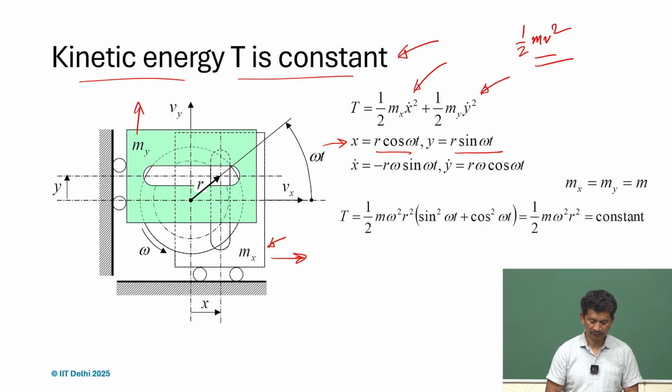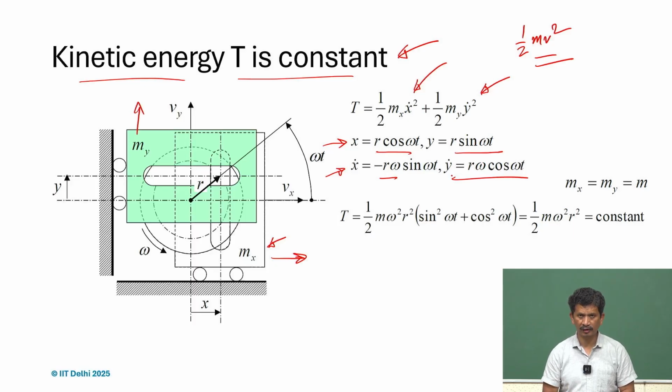If you take the first derivative, x dot, that is the velocity, is minus r omega sin omega t, and for y dot, for sine, the derivative gives omega coming out, so we have r omega cos omega t.